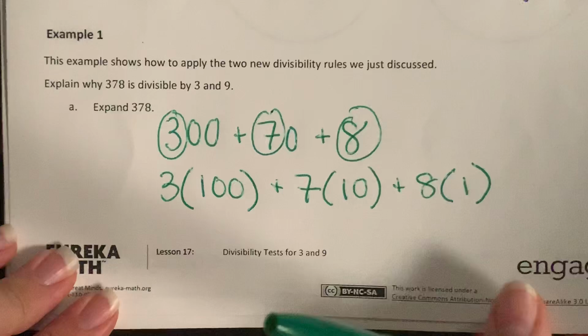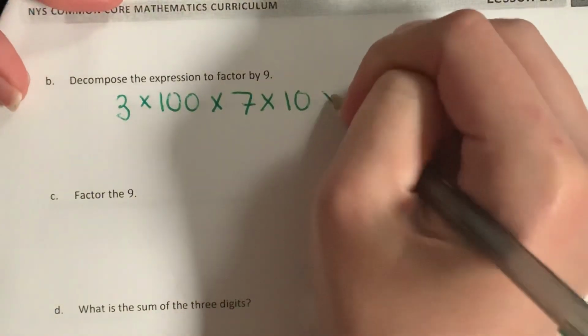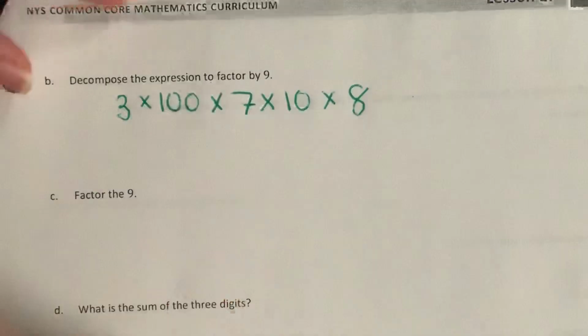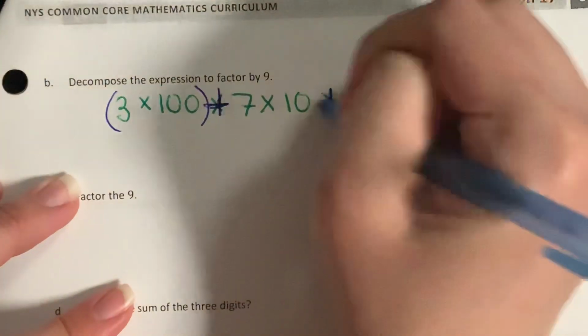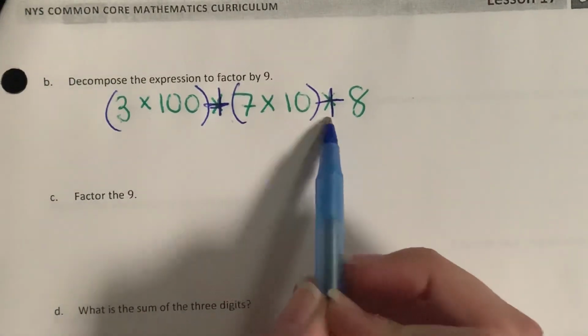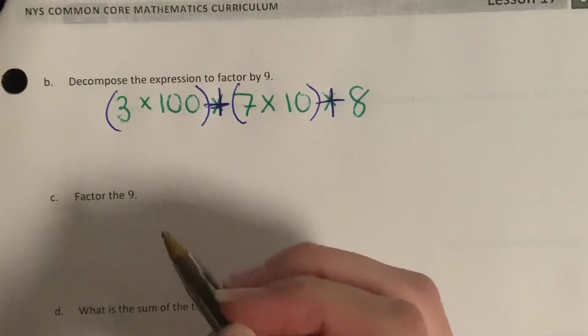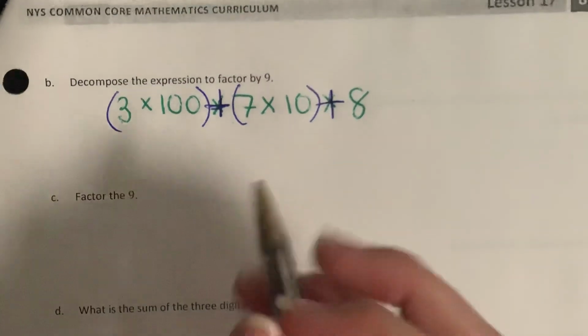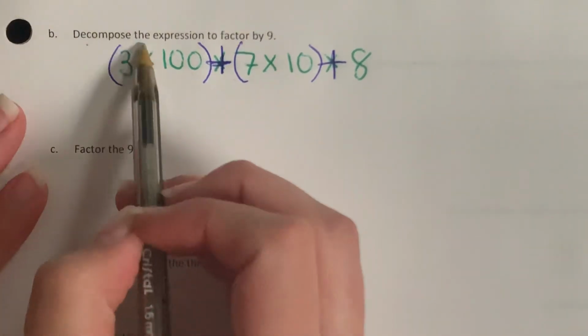If we turn on to the next page, we'll take the expanded form that we just made, and I'll write it again for you here so that you don't have to flip. And actually these should be plus signs, sorry, I forgot my parentheses. So we have 3 times 100 plus 7 times 10 plus 8. Now that we've put it in expanded form, they're asking us to decompose the expression.